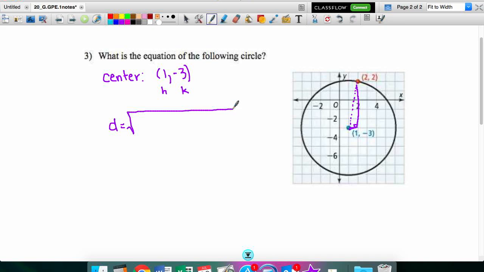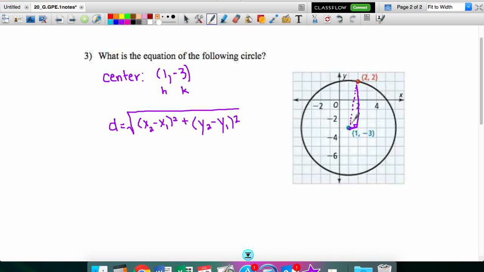The distance formula will be the difference of our x values squared plus the difference of the y values squared, all underneath a square root.